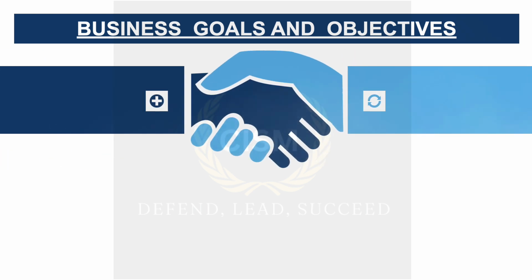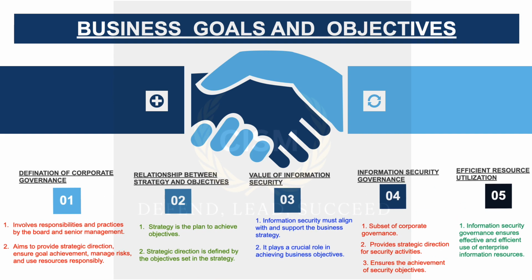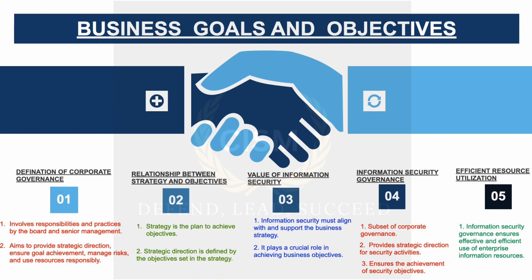Friends, under the business goals and objectives, there are 5 business goals. That is, first, the definition of corporate governance, which states that it involves responsibility and practices by the board and the senior management. It aims to provide strategic direction, ensure goal achievement, manage the risk, and use the resources responsibly.